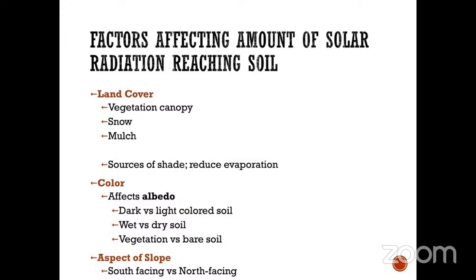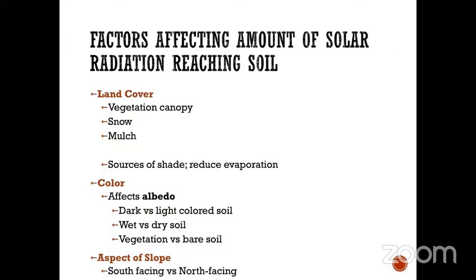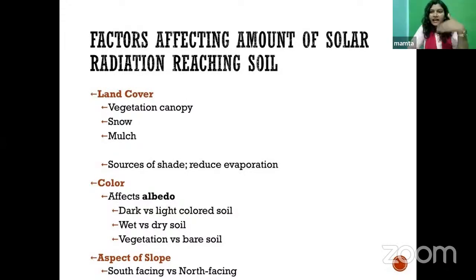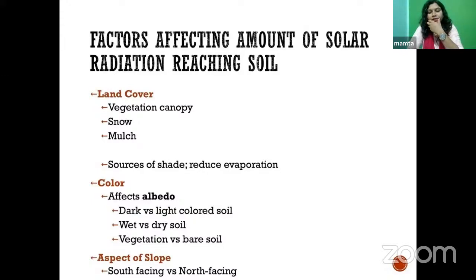In comparison, it will absorb more heat. In dry soil, there is less water, so less water means more air. So in comparison to air, water has the maximum heat capacity or specific heat.